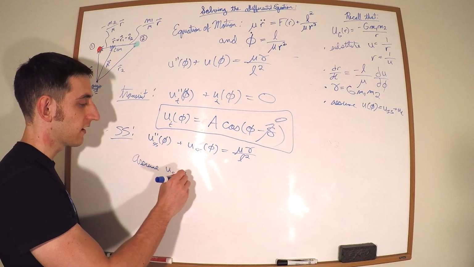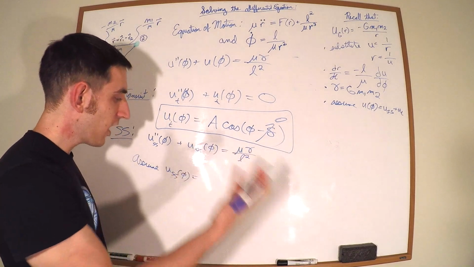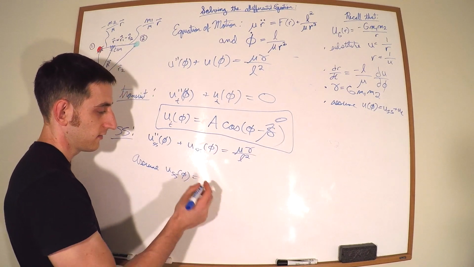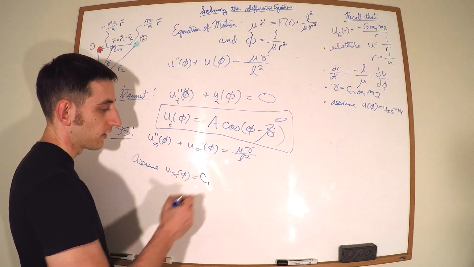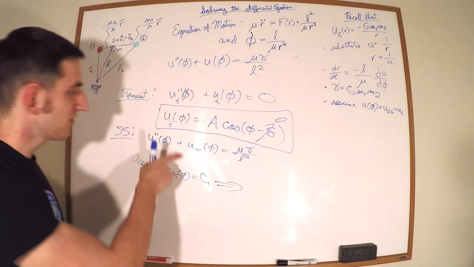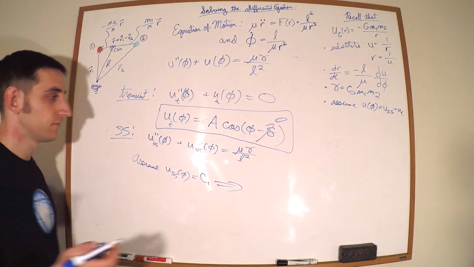So we're going to assume a solution of the form, assume U_SS is a constant. And we're going to see if it actually solves this guy here. We'll call it C1, constant 1. So when we plug the constant in here, the second derivative of a constant is 0.